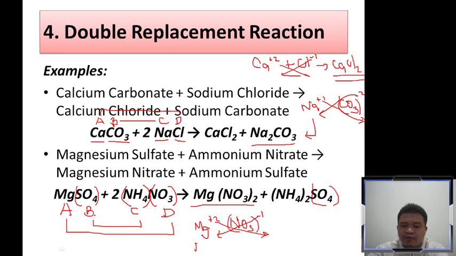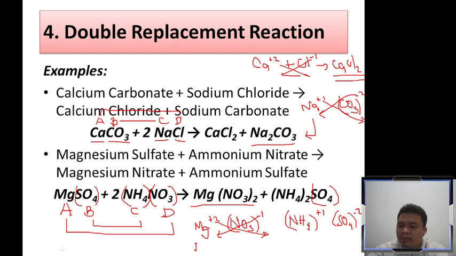Now, how about the other product, B plus C? SO4 combines with NH4. So how do we know that it's (NH4)2SO4? If you look at our periodic table once again, NH4 is called ammonium. It has a charge of positive 1, while SO4 has a charge of negative 2.